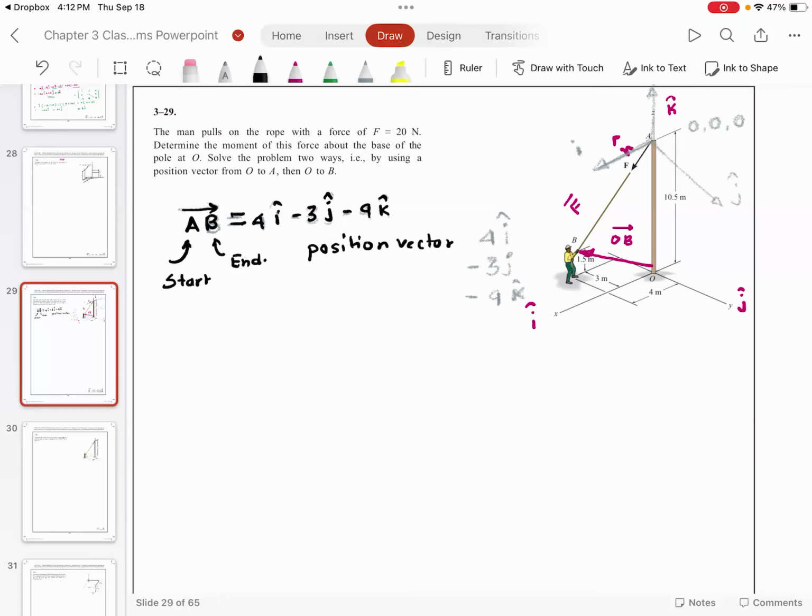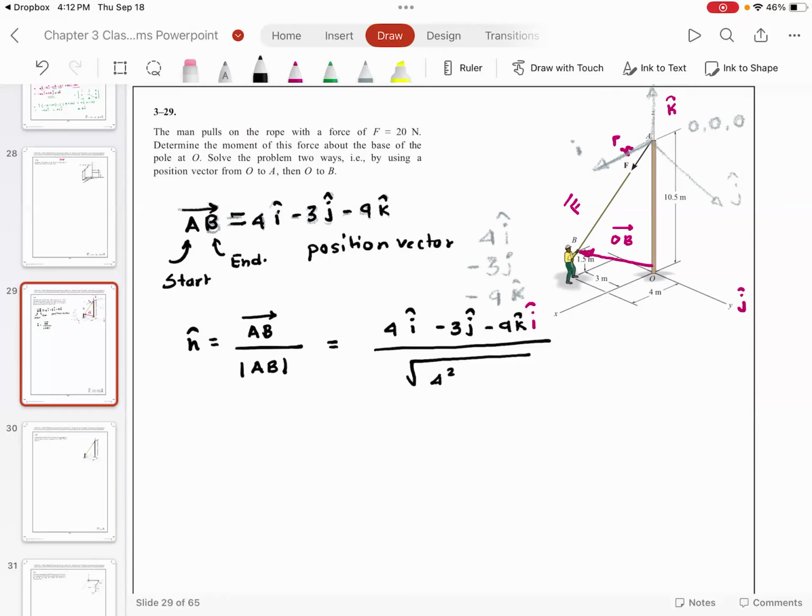However, for my force to be represented along with this position vector, I need to find the unit vector n. What would be my unit vector n? My unit vector n is force divided by magnitude of force, and my force has the same unit vector: 4i minus 3j minus 9k divided by the square root of 4 squared plus 3 squared plus 9 squared.